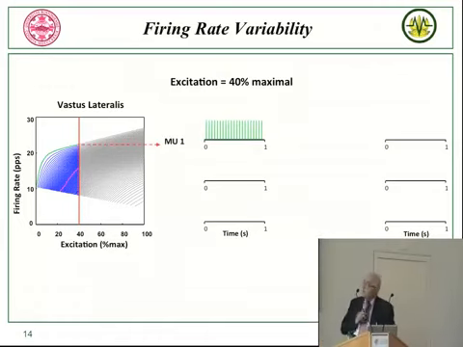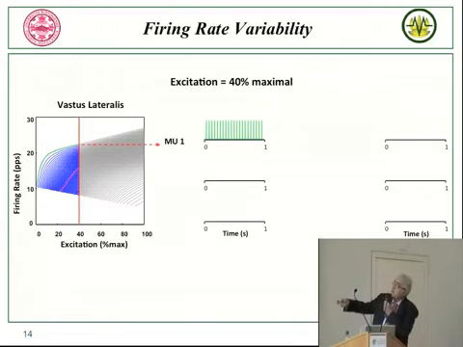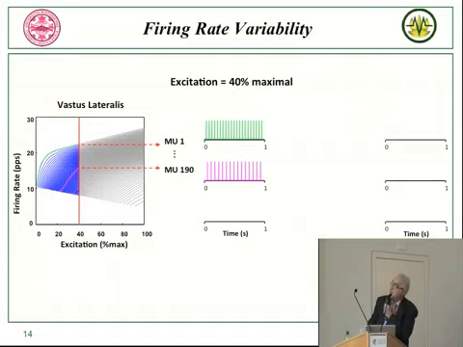And here are 3 examples. If you cut at this point here, the first motor unit, which is this one here on the outside, has this firing rate. Motor unit in between fires slower, and motor unit with even higher threshold fires slower.